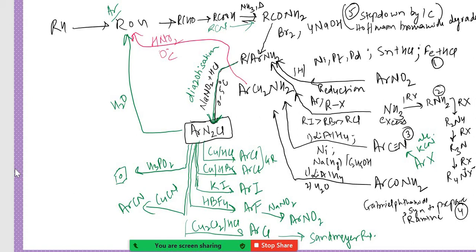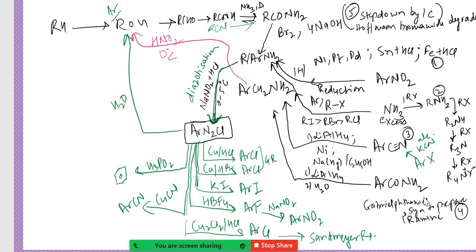And if I want to prepare only tertiary amine, then I can take more of RX and less of ammonia, then I'll get the tertiary amine. And the salts that we get, suppose a quaternary salt, free amines can be prepared if I add a strong base like NaOH. So I have R4NX and I put NaOH, I can get the amine.